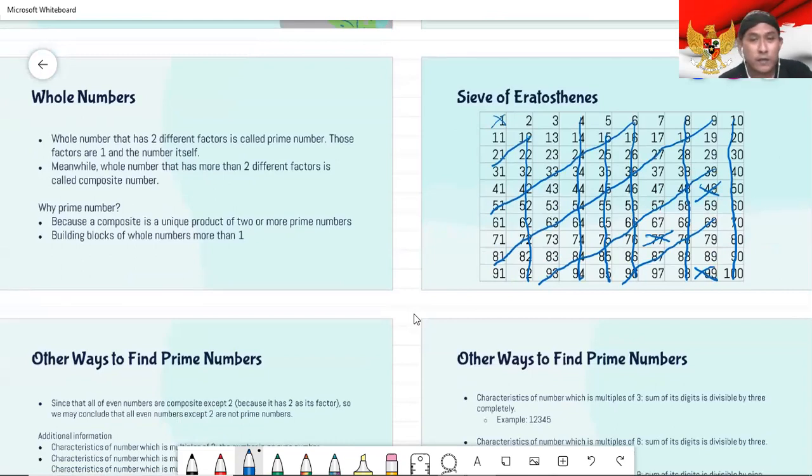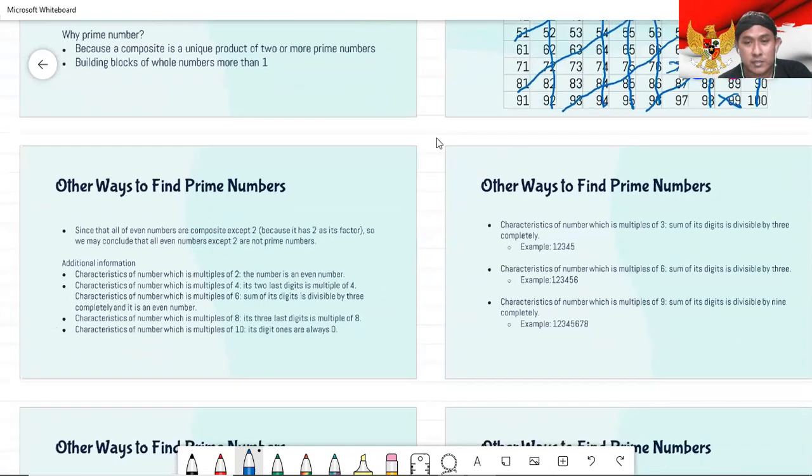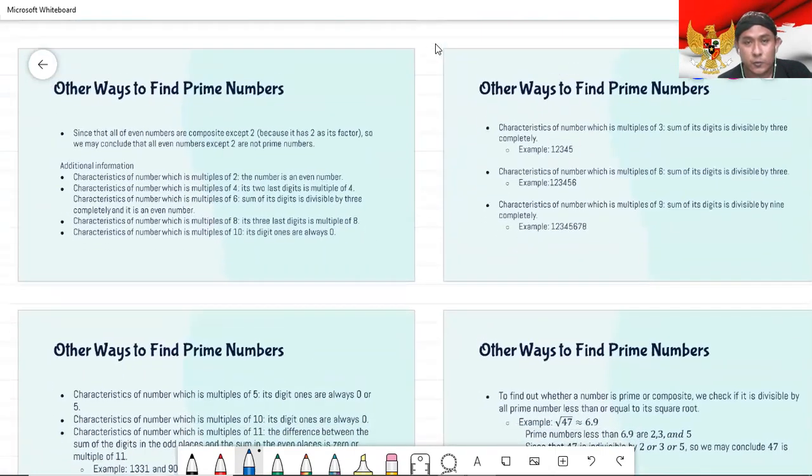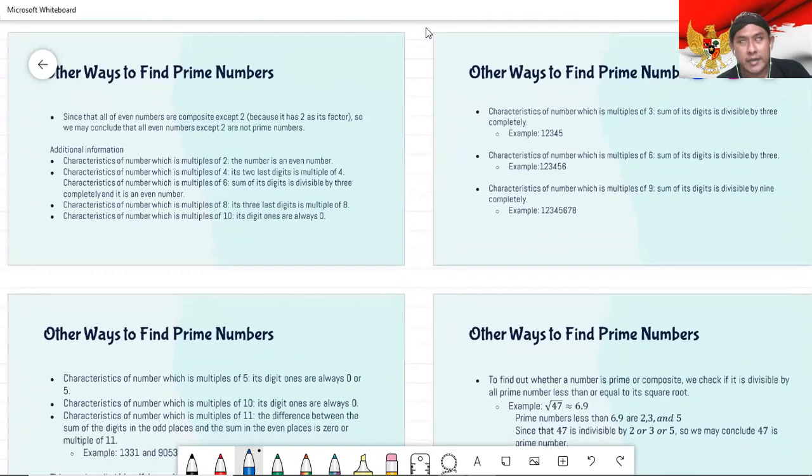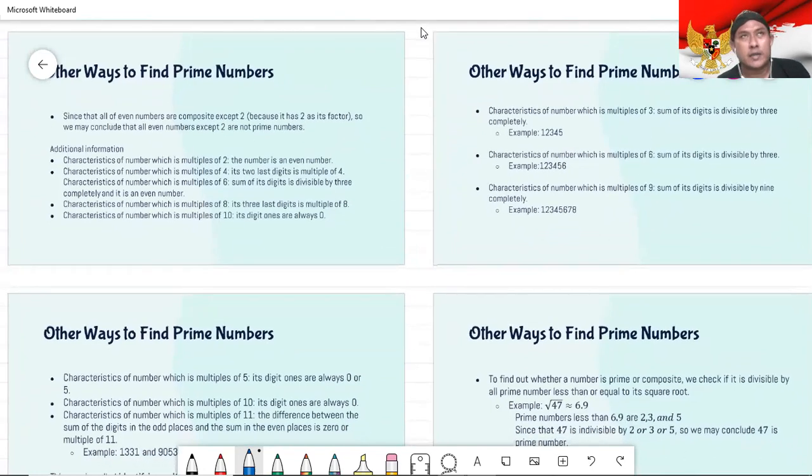Now, we have other ways to find prime numbers. We can find them by learning the characteristics of a number. For example, the multiples of 2, multiples of 3, multiples of 4, multiples of 5, multiples of 6, multiples of 8, multiples of 9, multiples of 10, and multiples of 11.